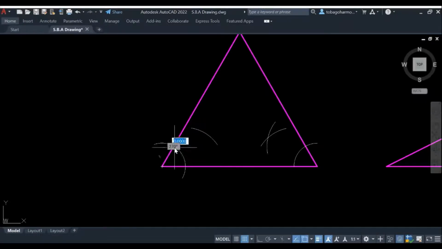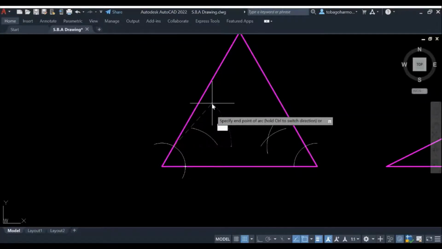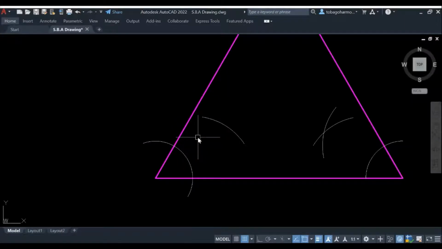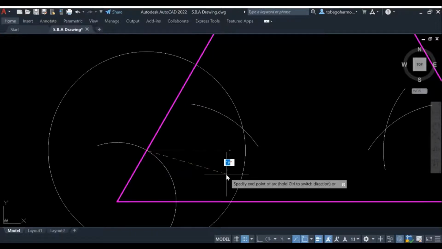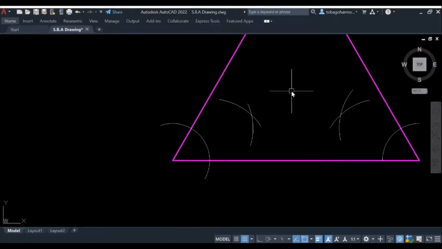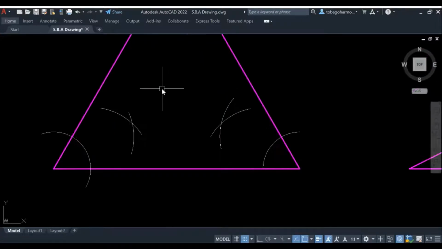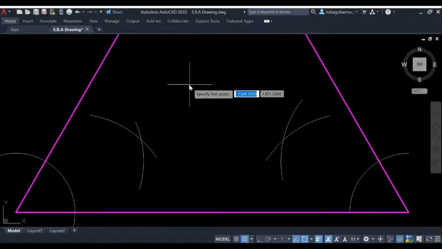For the initial arcs, I would have used 30 millimeters, and for the secondary arcs, which I'm drawing here now, I would have used a radius of 50 millimeters. But it doesn't matter, and they do not necessarily have to be the same for each angle, but I just decided to use the same measurement.